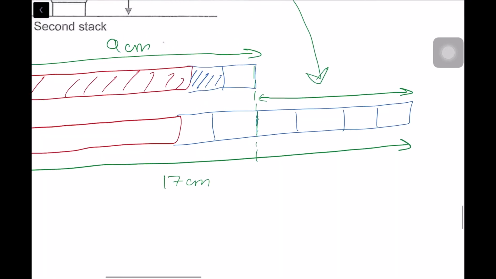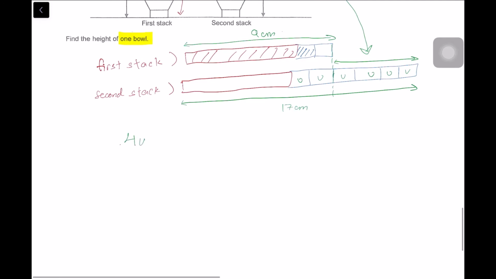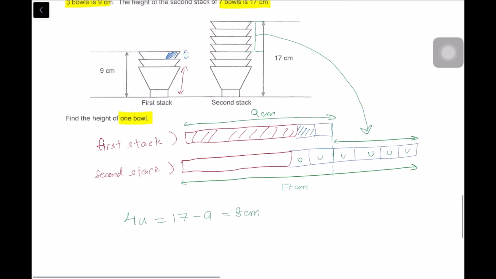So let's represent this by a U, U, U, U. So this means that 4U, 4 units, is equal to 17 minus 9 cm, which gives us 8 cm. This is 4U.